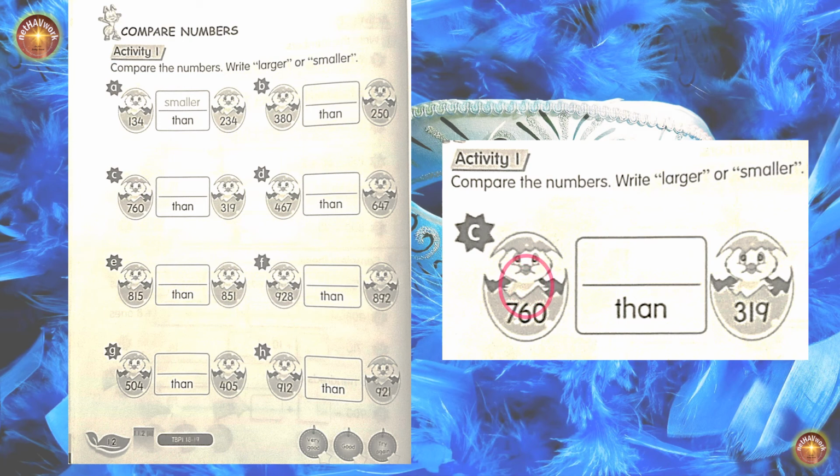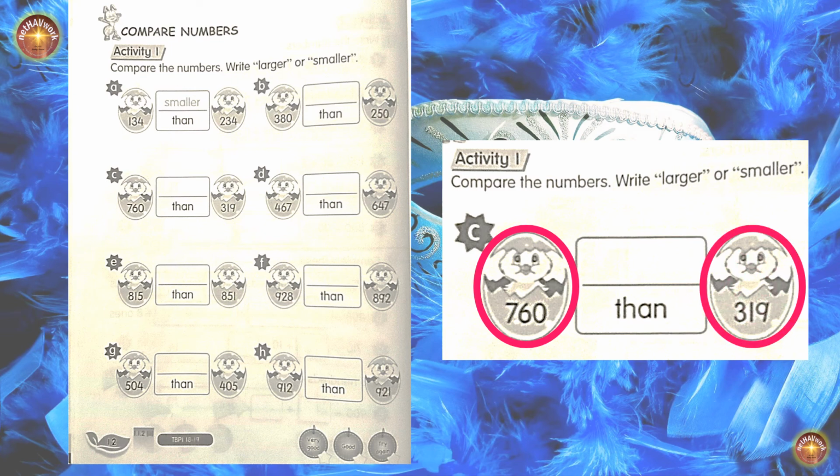So what you do is, you will look at the numbers, like example 760 and 319. So which one is larger or smaller? So the answer is, example, 760 larger than 319. Alright, you compare the numbers.